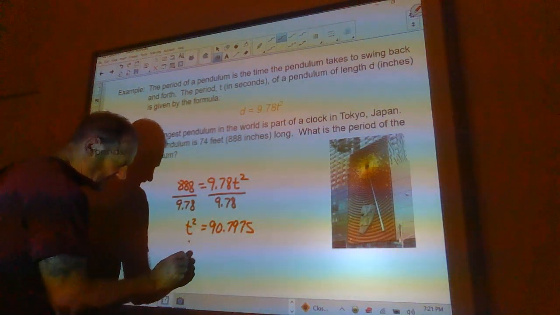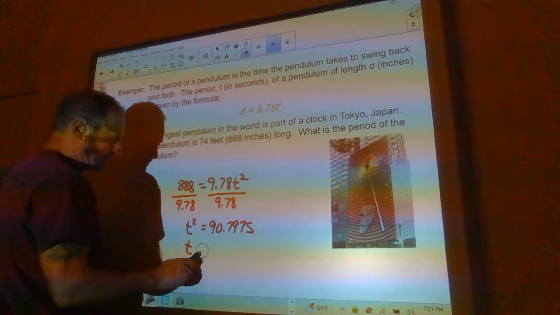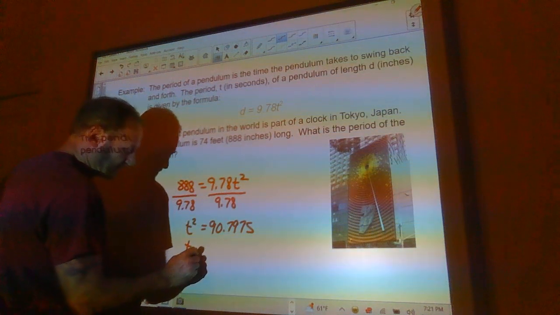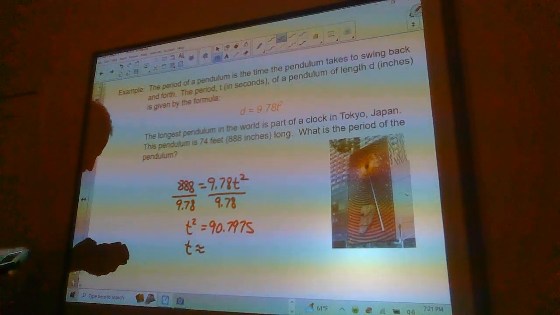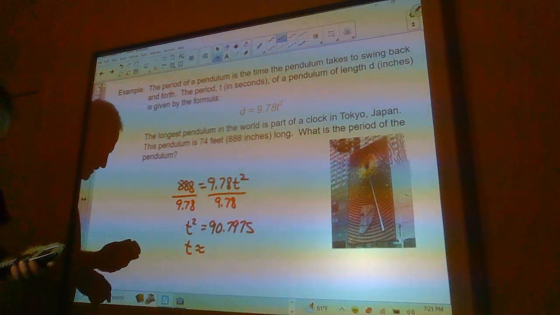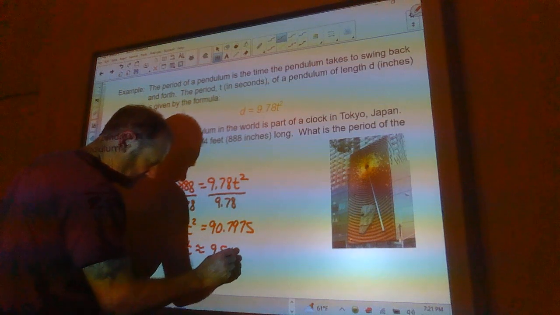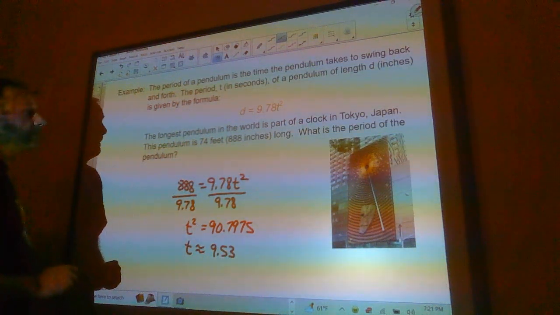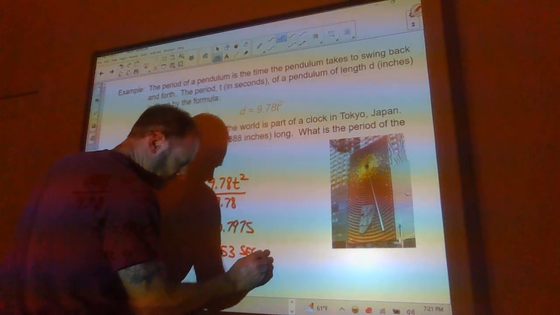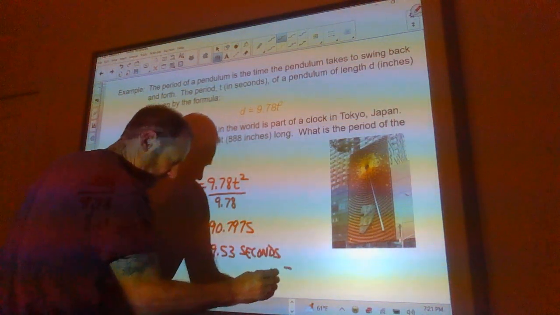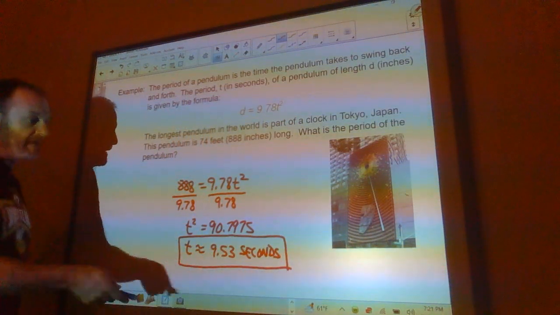And I'm going to square root that. This should not be equals; it should be approximately equals because this is not going to come out to a nice number. The square root gives me about 9.53, and that's seconds. So it takes about 9.5 seconds for that pendulum to swing back and forth.